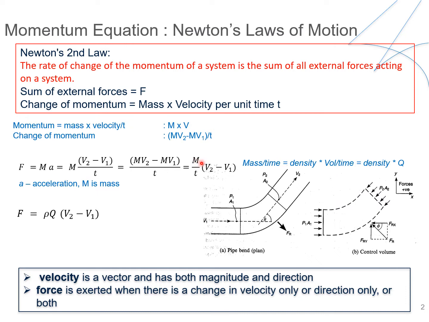So density times volume divided by t times (V2 minus V1) is density times discharge times (V2 minus V1). So if we add all the external forces, that should be equal to rho times Q times (V2 minus V1).